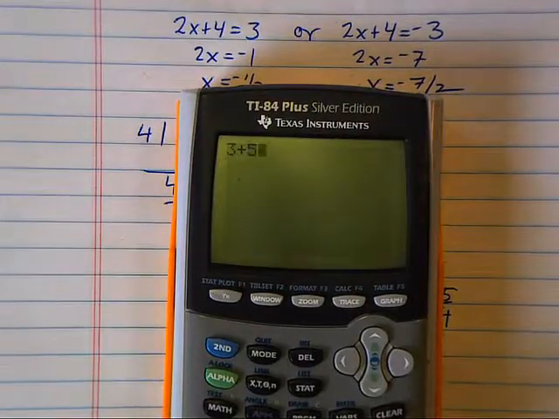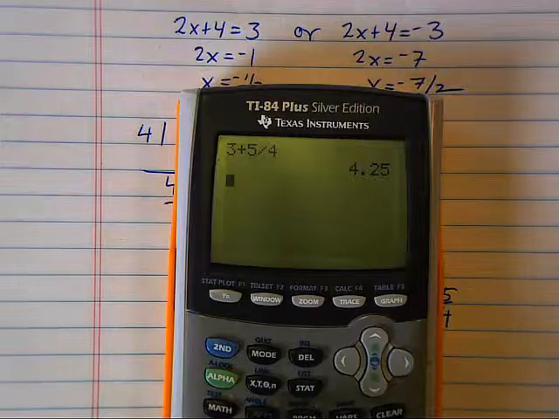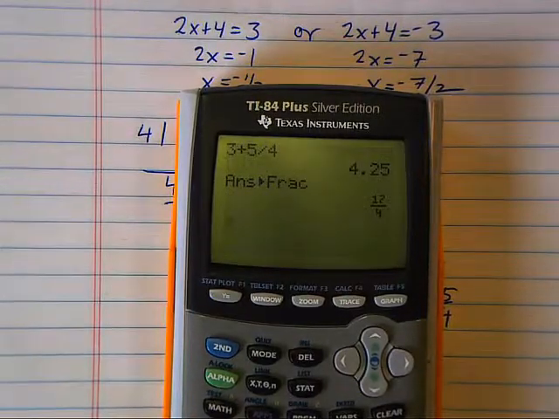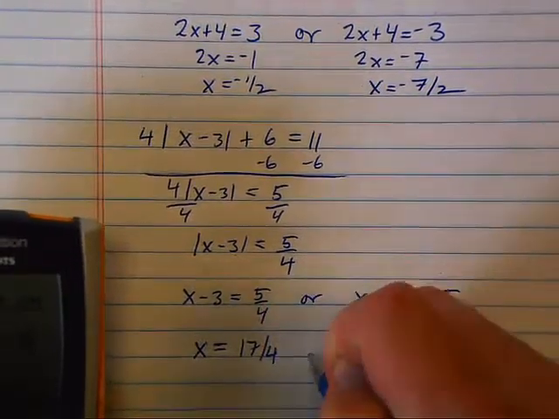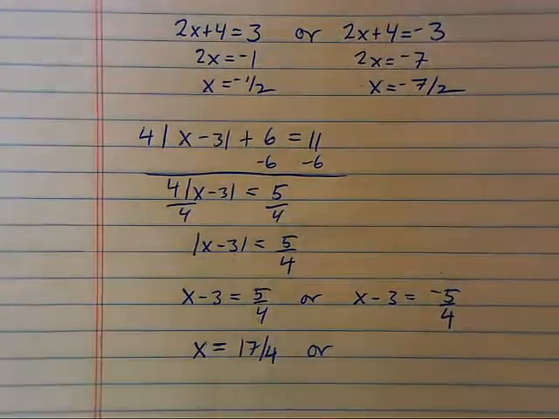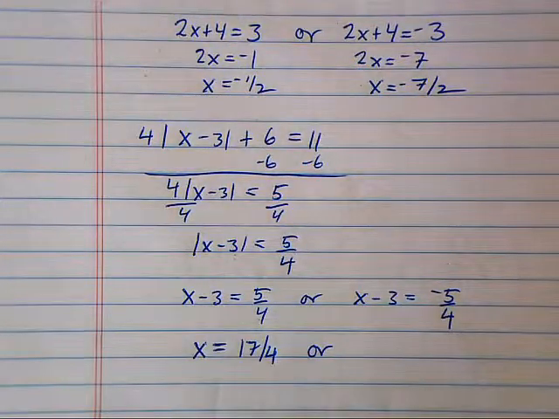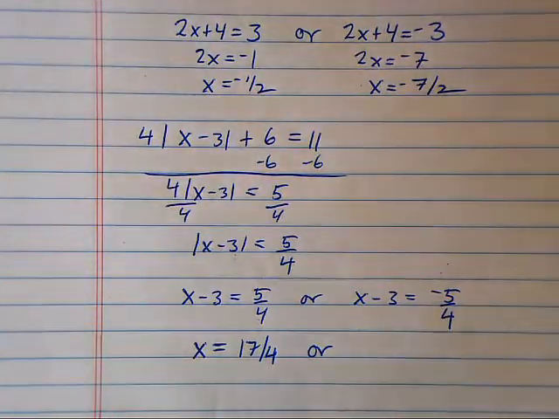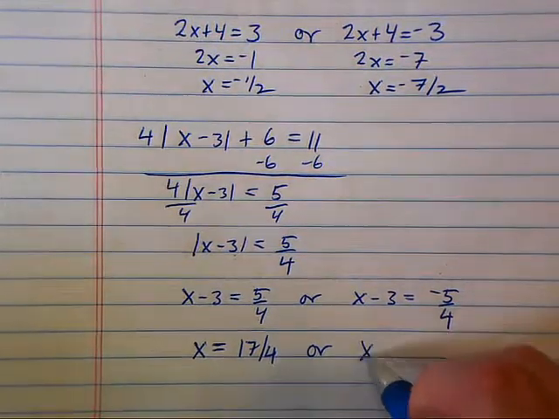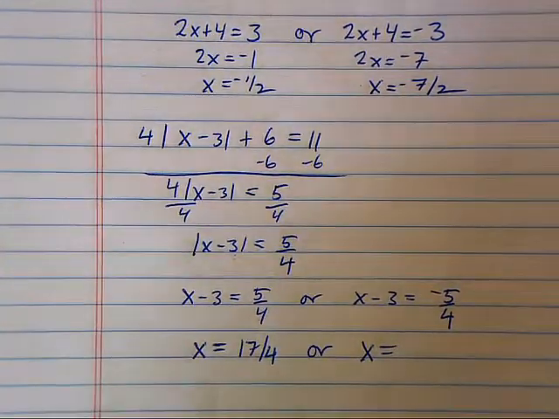3 plus 5/4. Your calculator is going to tell you that. And then you can go math, enter, enter. 17/4. Correct. What the calculator did is it got a common denominator and it added them together and did all that kind of stuff. But that's the beauty of having one of these calculators, you don't need to really do all that.